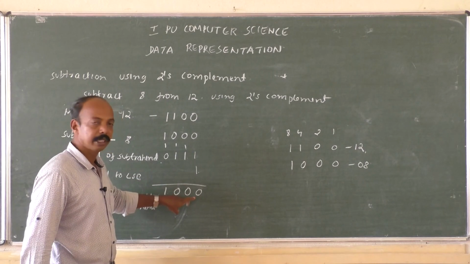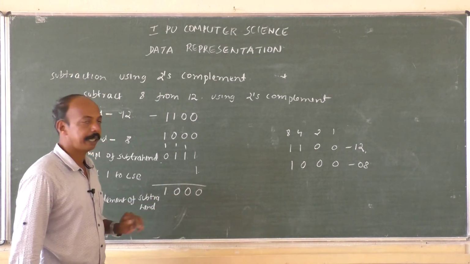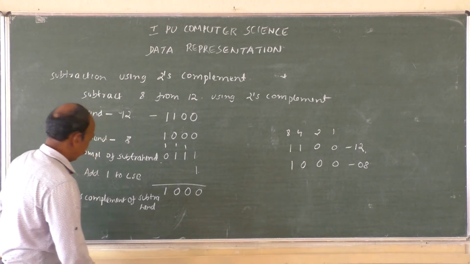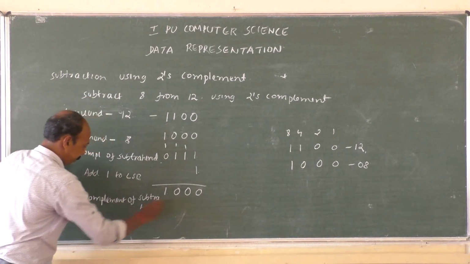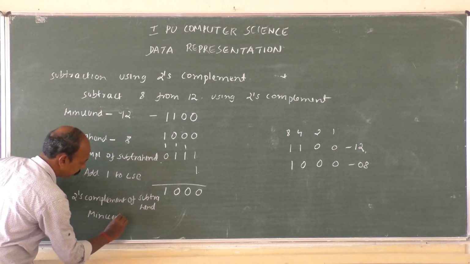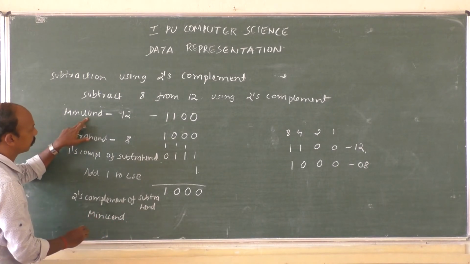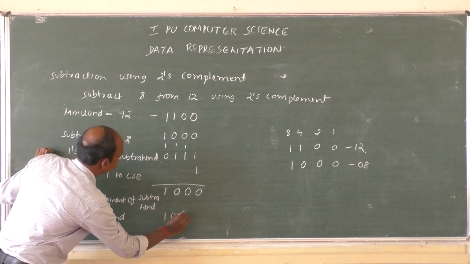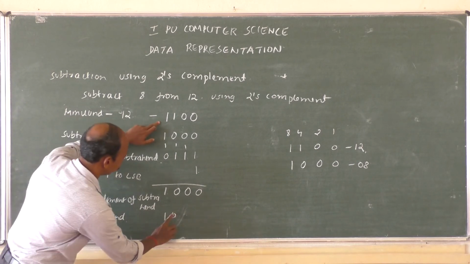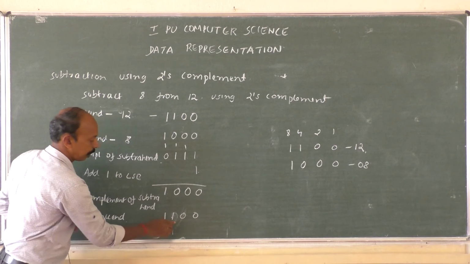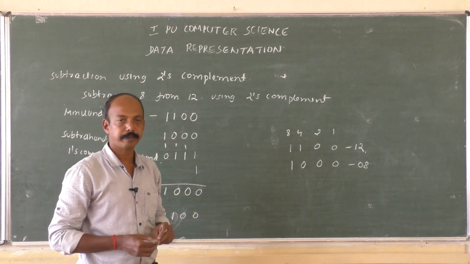Whatever answer we got is the 2's complement of the subtrahend. What next? Now add the minuend to this. The minuend is what we have written in the beginning. So it is 12, which will be 1 1 0 0.